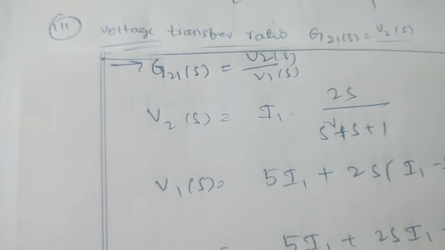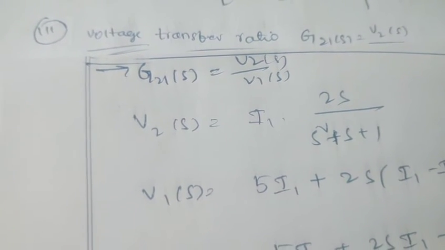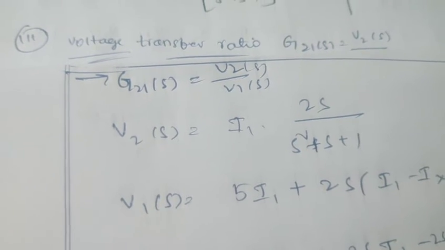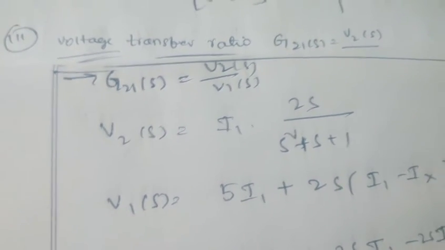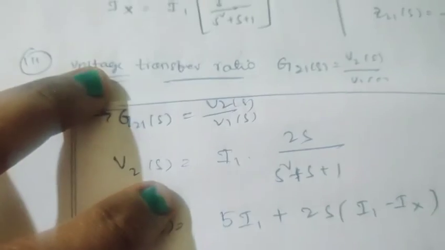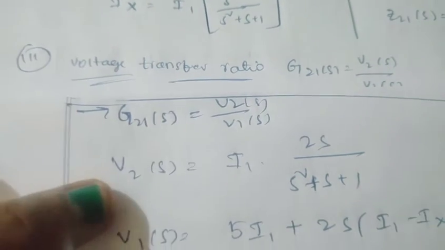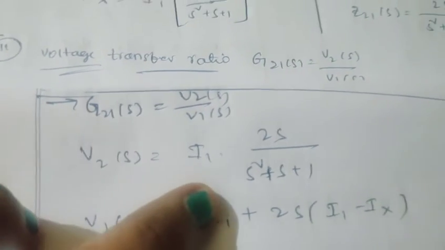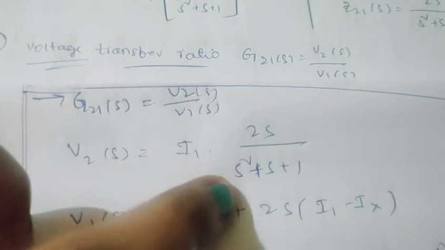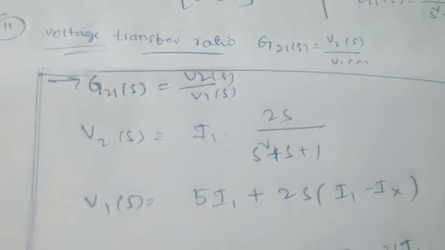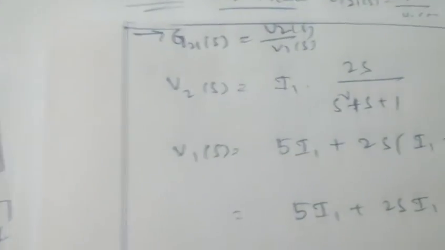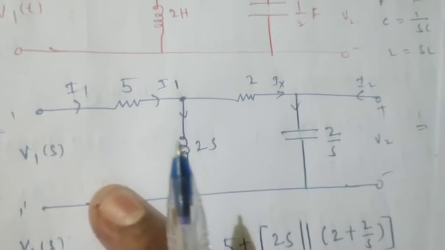In our question they asked for one more term, the voltage transfer ratio, denoted by G21 of S, which is equal to V2 of S by V1 of S. Already we know V2 of S is equal to I1 into 2S by S square plus S plus 1. Now we have to find V1 of S. Consider this network diagram again.